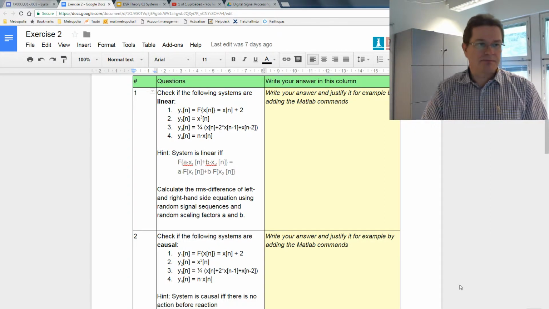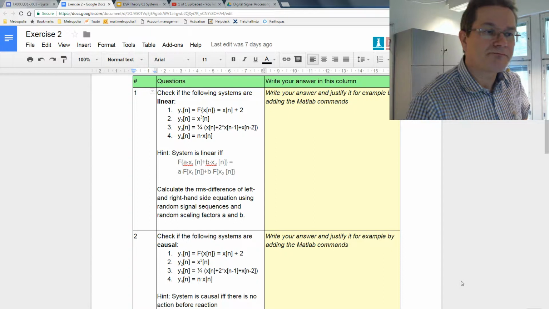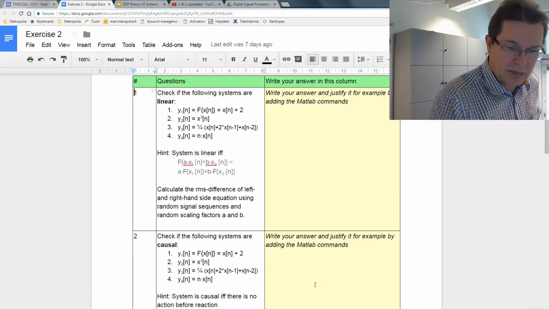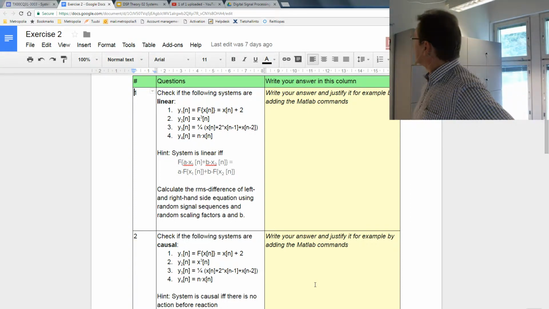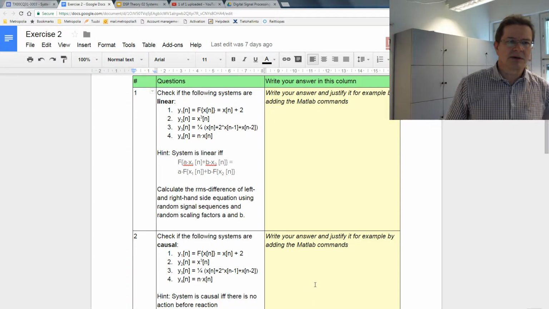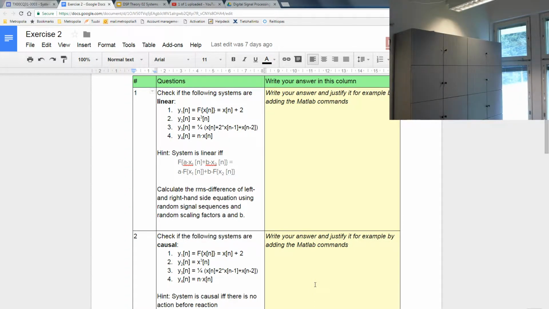Okay, so let's start. The linearity was simply about the time shift. The system is additive and summative, meaning that you can apply the superposition principle.